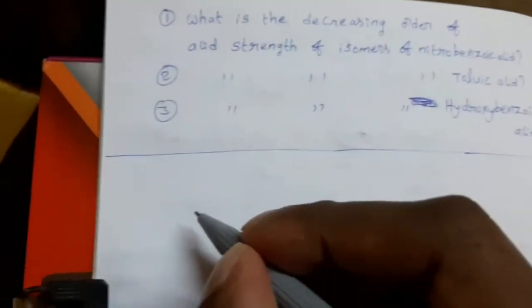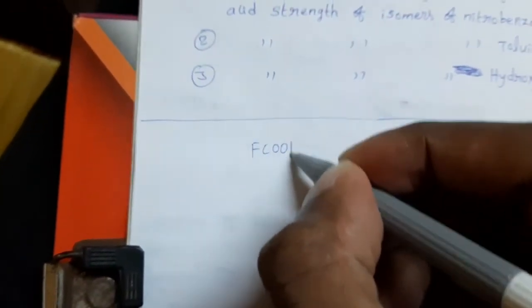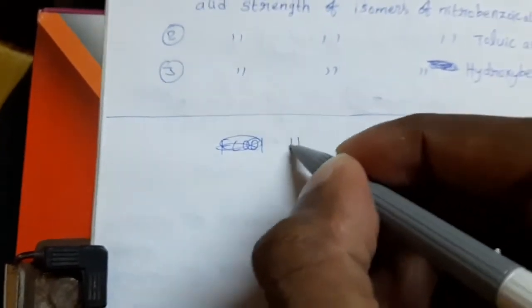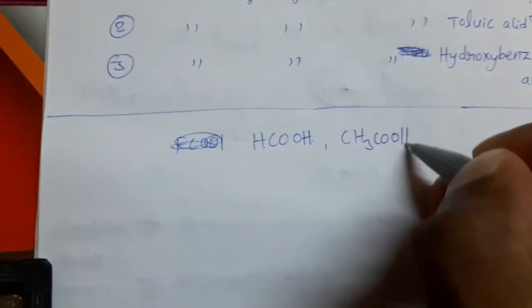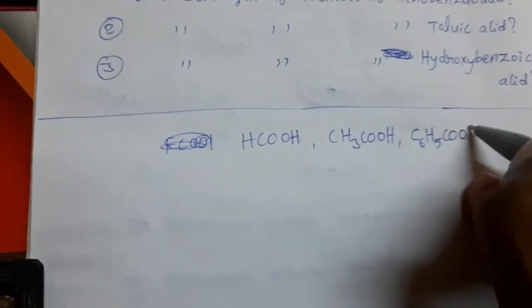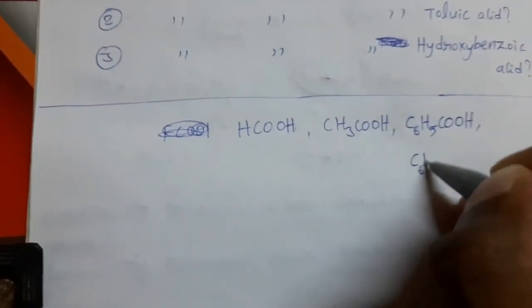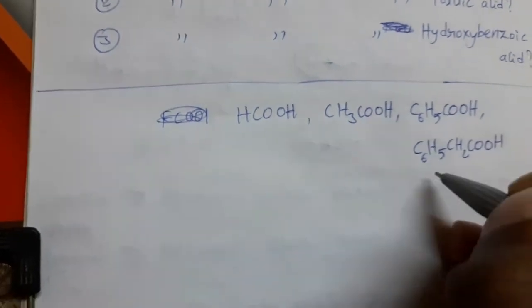Okay. Now say this formic acid, and acetic acid, benzoic acid, and phenyl acetic acid.